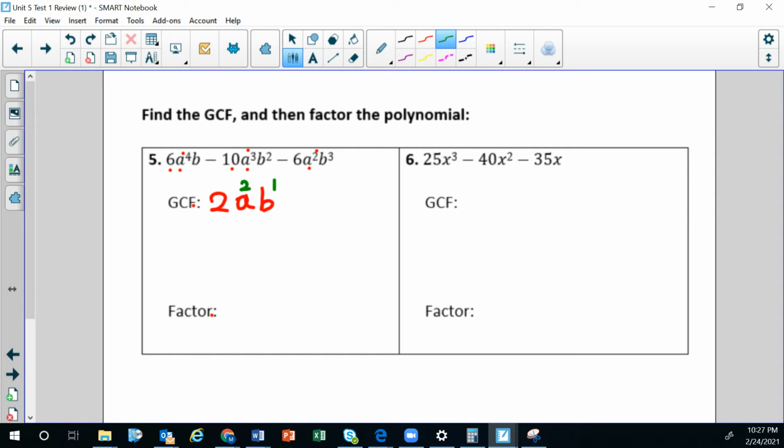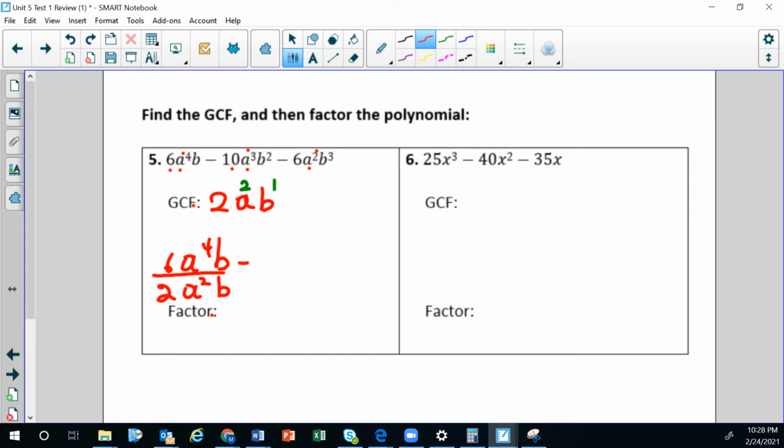Okay. Now, let's factor. Now, remember, when we factor, we're going to divide each term by the GCF, right? So I'm going to divide 6A to the 4th B by 2A squared B. Okay.